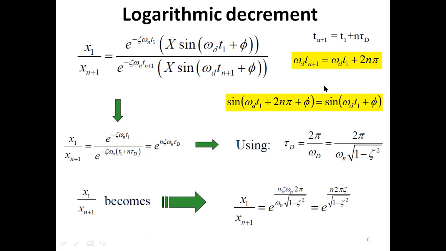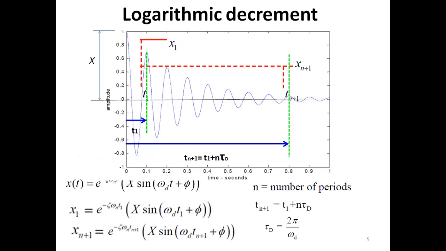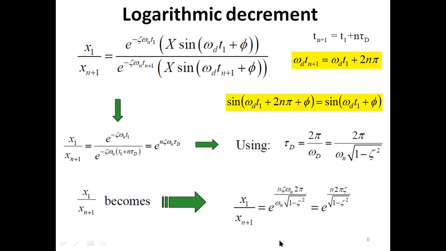And tau d is 2 pi by omega d. So we have multiplied with omega d, so that omega d would cancel with that one, and we would have plus 2 n pi.